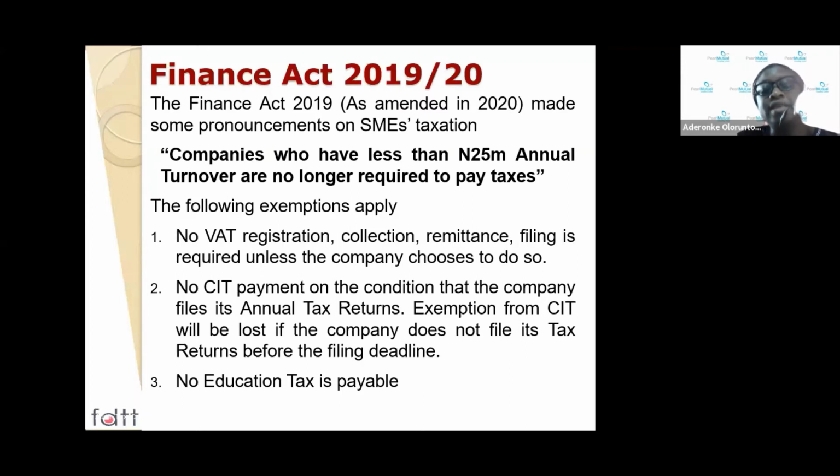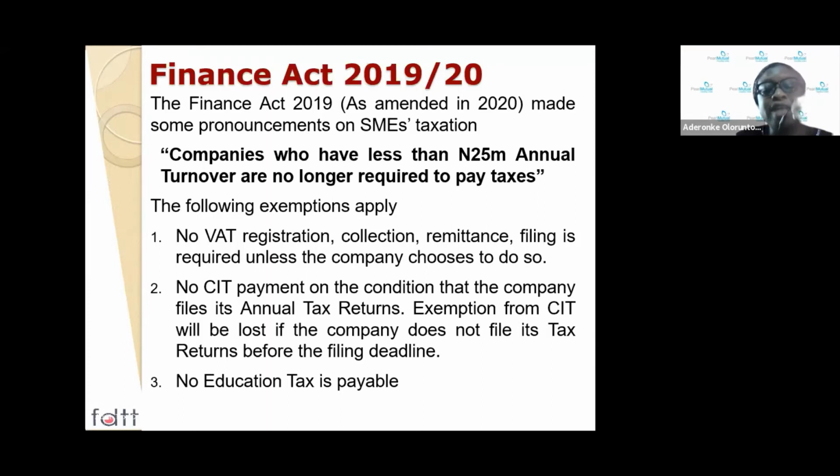The following exemptions apply. If you have a company that has less than 25 million annual turnover in any year, this now applies to those companies. They are not liable for VAT registration, for VAT collection, for VAT remittance, and also for filing of VAT. They are not liable.